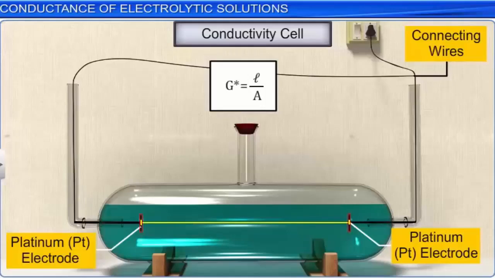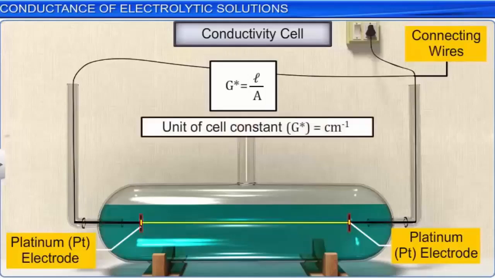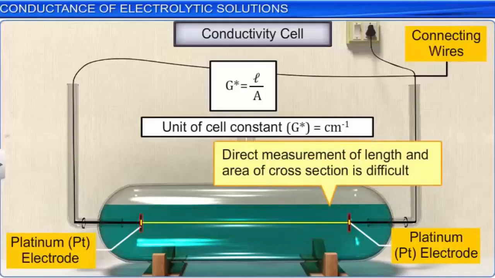If we know the length and the area, we can calculate the cell constant directly. However, direct measurement of the length and area of cross-section of the electrodes are both difficult and unreliable.